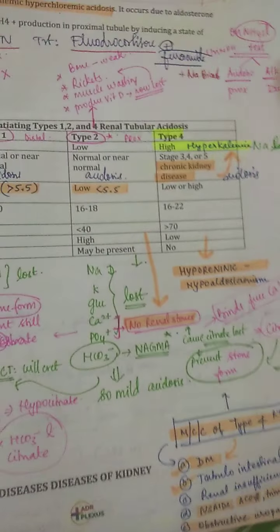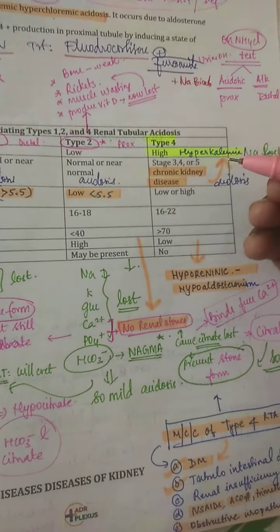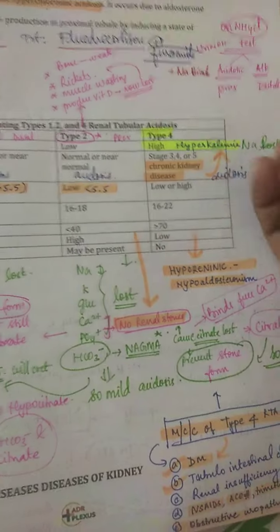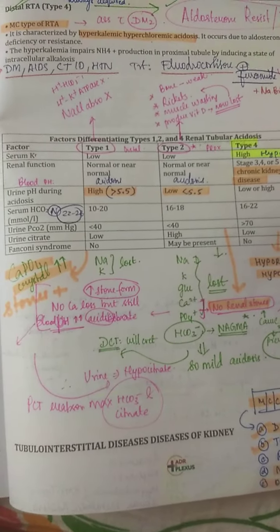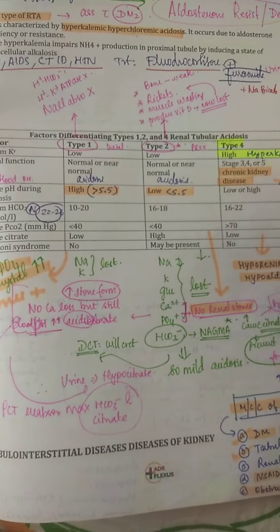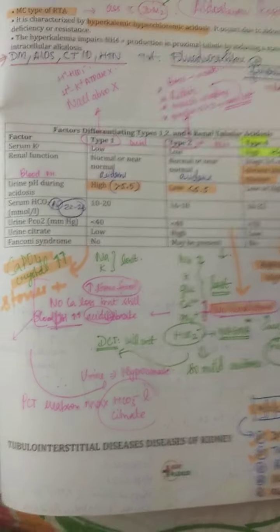Okay, so if you see, he may also progress to CKD, because he is already a diabetic nephropathy patient, so he is already progressing to CKD. The blood pH will already be acidotic. The urine pH will be low or high.